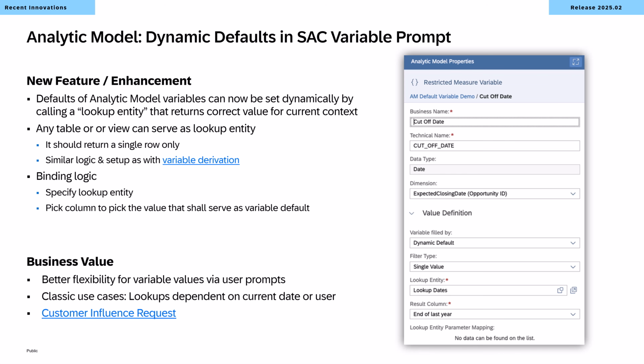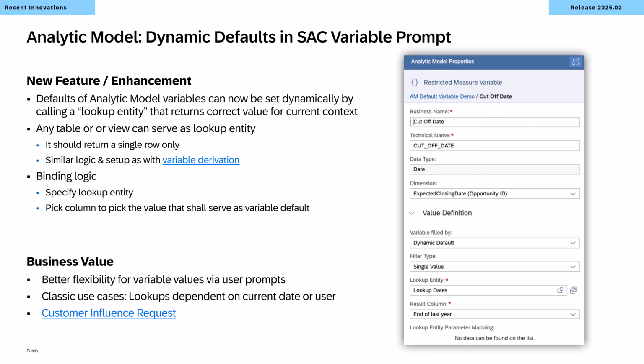And this is set up in a very similar manner as the concept that we established last year, which is called variable derivation, where you would use something to find the final value of a variable. Now here we're using the same concept for deriving the value that the user shall see, their cost center today, yesterday, whatever.